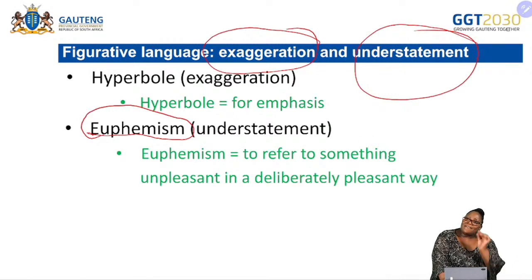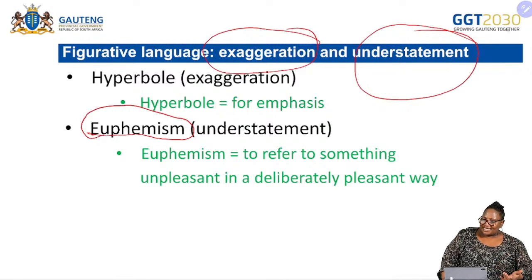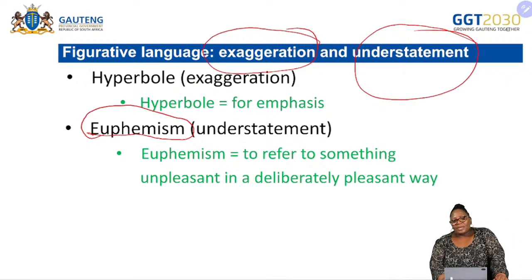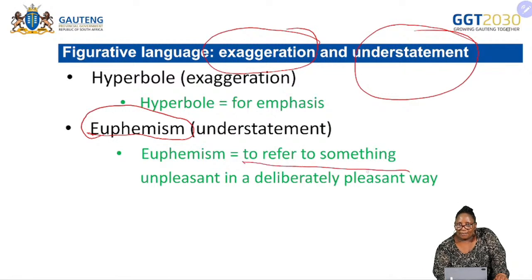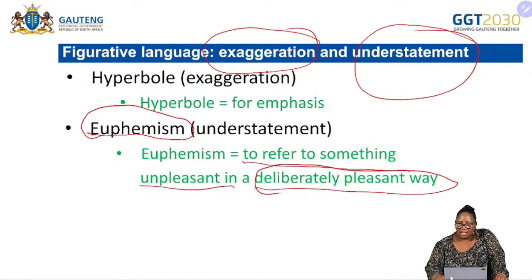Euphemism is when you refer to something unpleasant in a deliberately pleasant way. You do not want to be crude, but you want to be very polite.